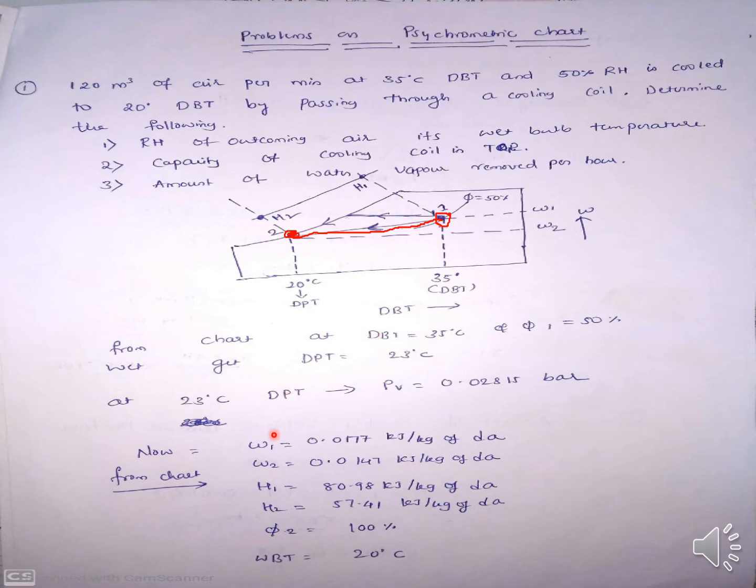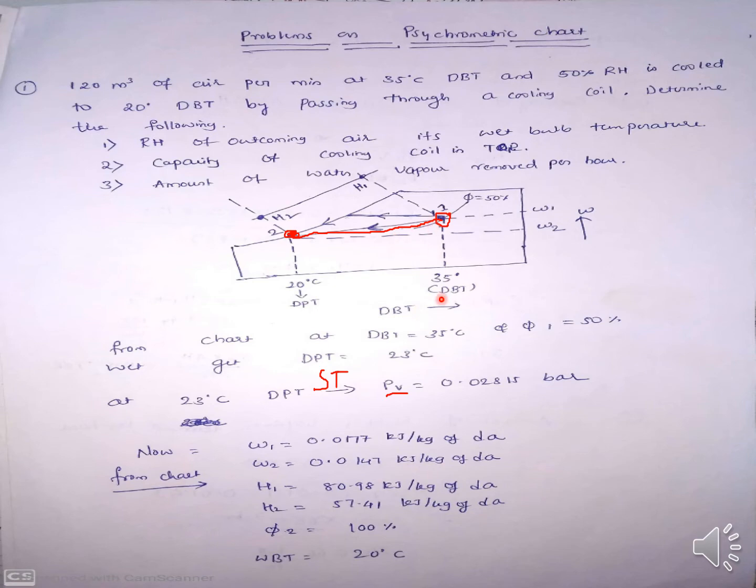For this 23 degree Celsius, you need to use the steam table again. From the steam table you are getting PV as 0.02815 bar. I already said DPT relates to PV, but DPT you get from the chart, as it is not given in the problem.